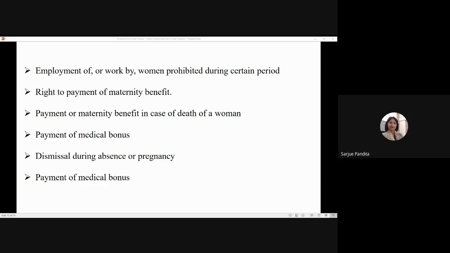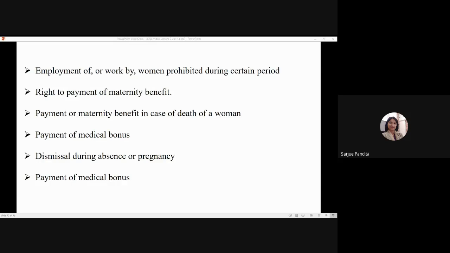That means for 90 days, the wages that she has been earning will be taken into consideration as the average wages, calculated from the months immediately preceding the date from which she absents herself on account of maternity, or 1 rupee per day, whichever is higher.